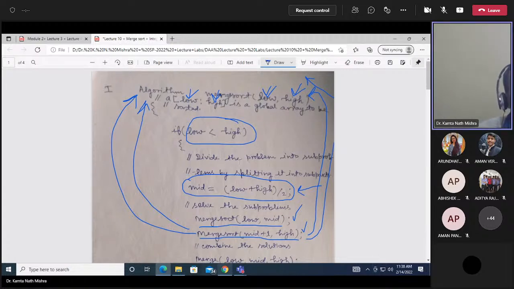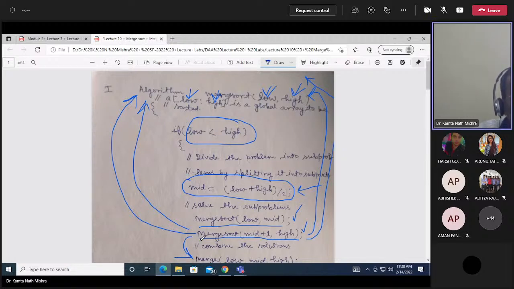So when will this division stop? Until each array has a single element, then you will move to the next step.